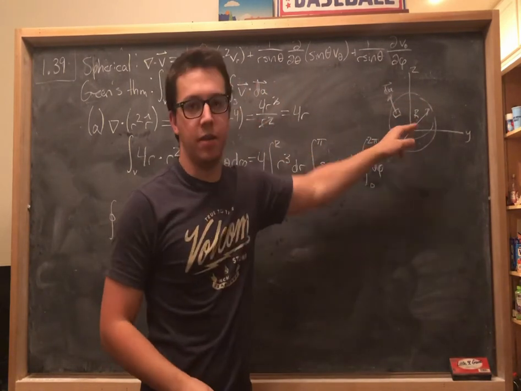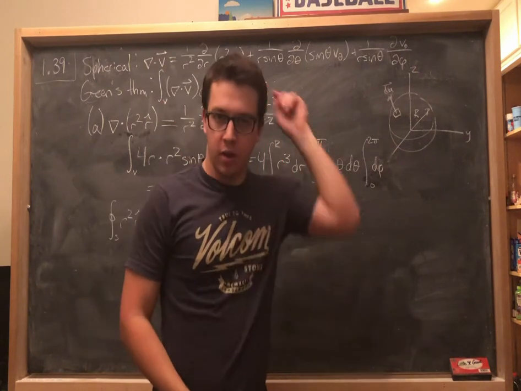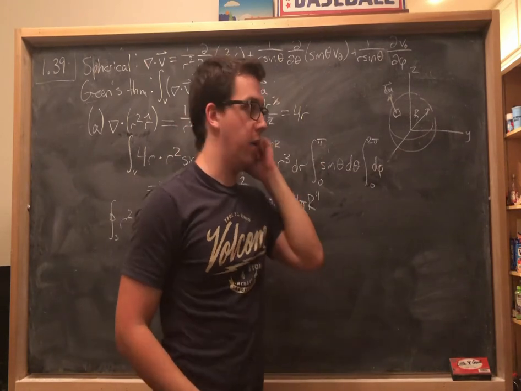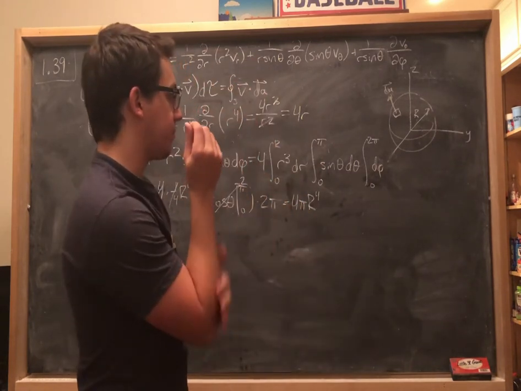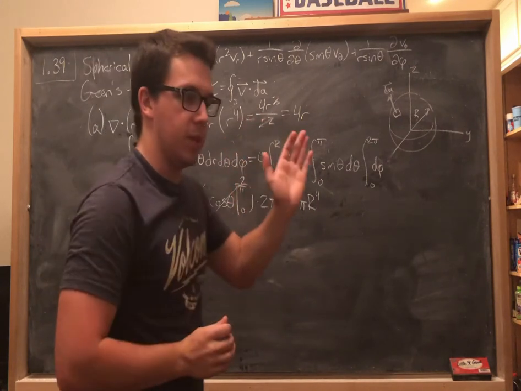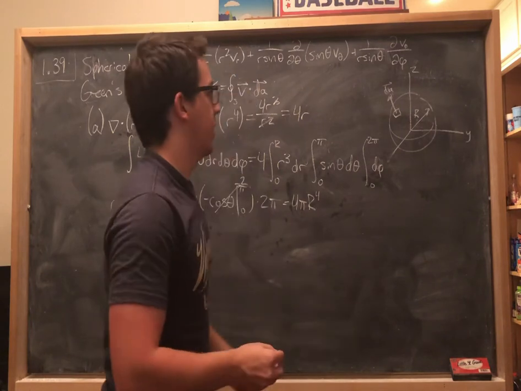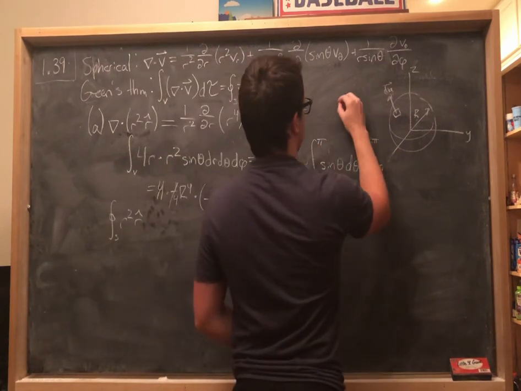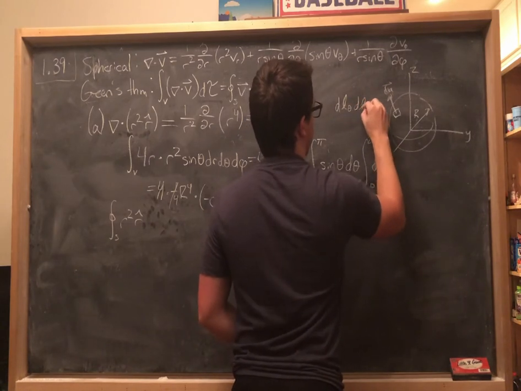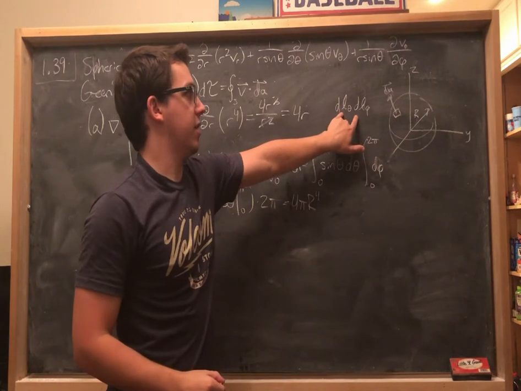It's a little element of area on the shell of the sphere. And you might be wondering what that is. Well, since there's no deviation in the r hat direction, you would be looking at, you could say, d l theta d l phi to get this area.